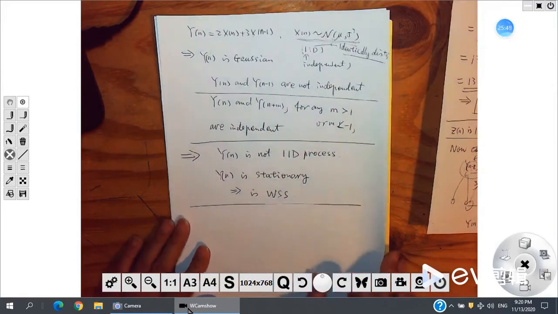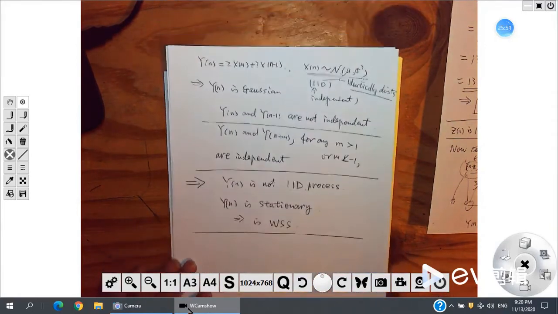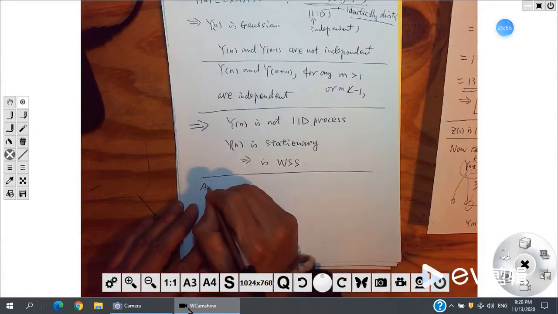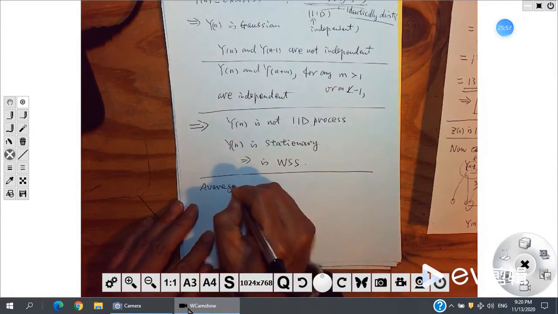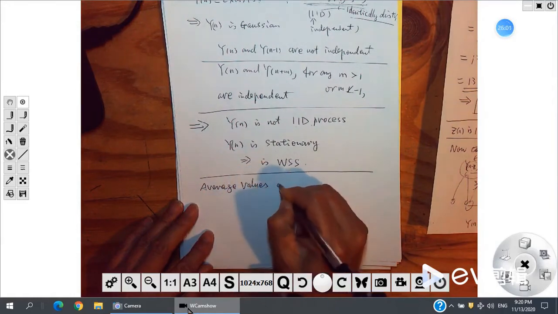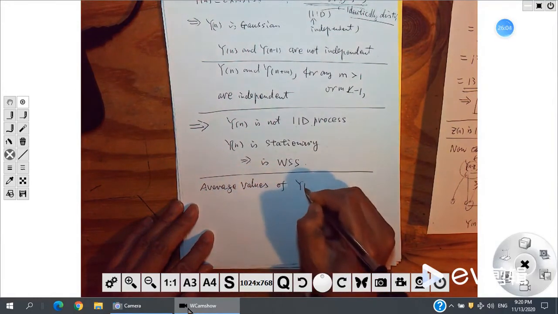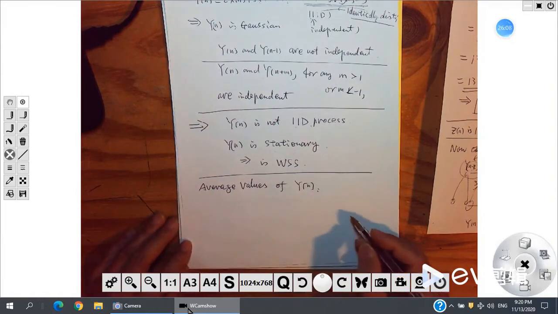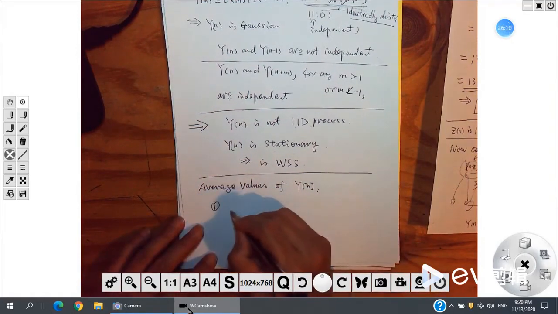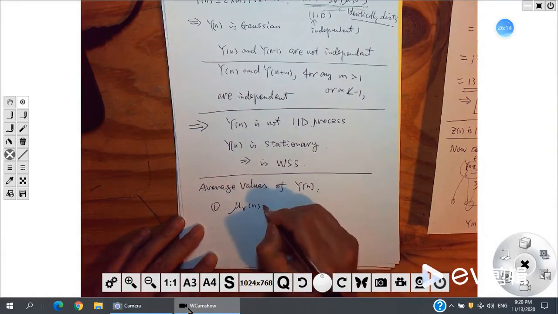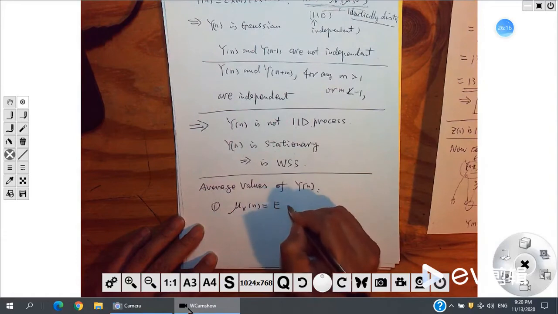Okay, then we want to know those average values of y of n. The first one we consider is the mu. That means the expectation value of x of n.